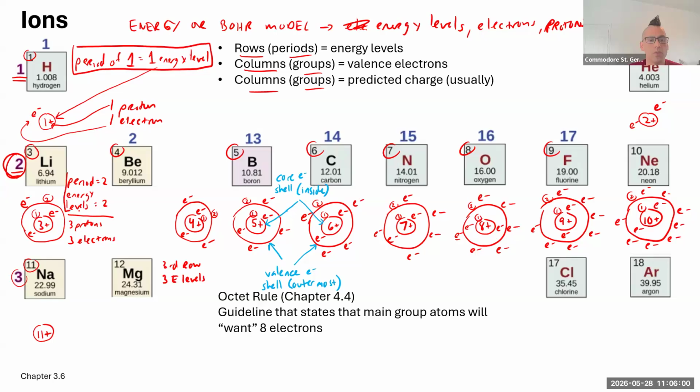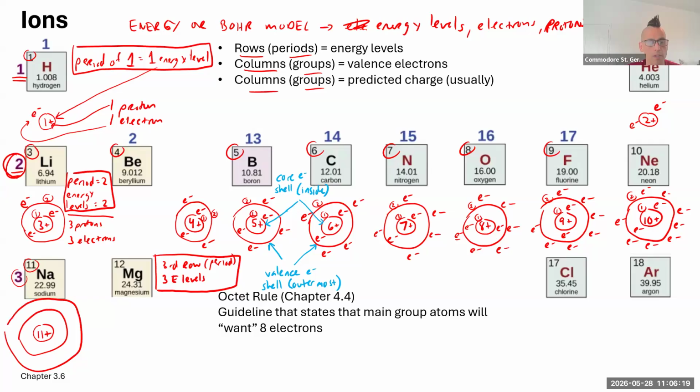Period of 2 energy levels. Period of 3, a row, period, sorry, interchangeable to me. 3 energy levels. All right, so we have to have 3. This is our first one. This is now our second one. This is now our third one.